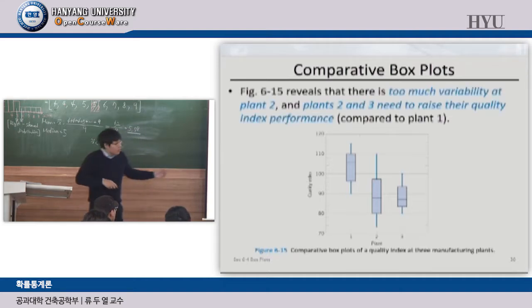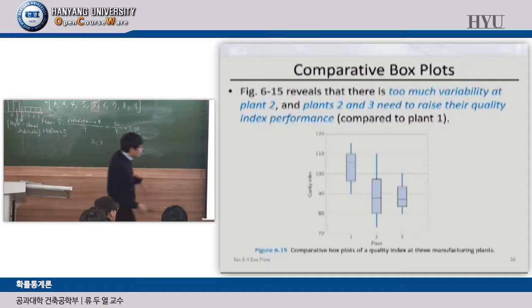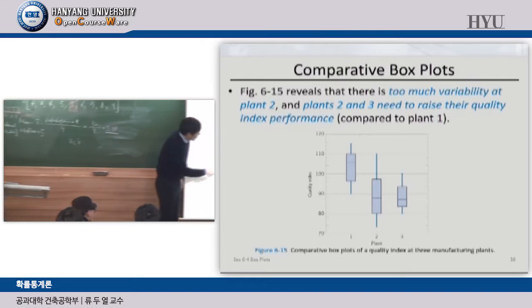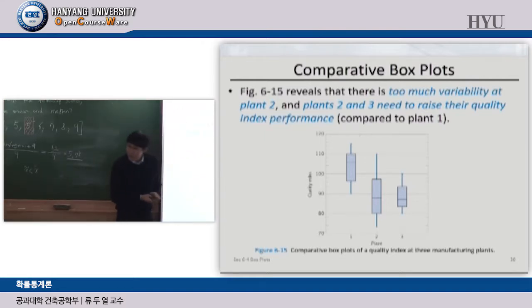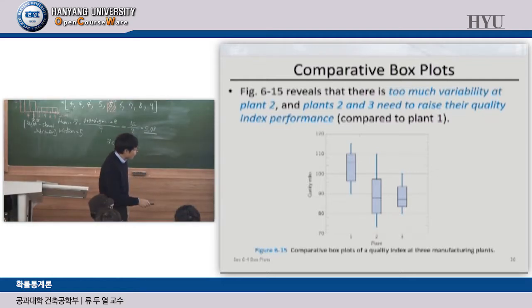From figure 6-15, we see there is too much variability at manufacturing plant 2 as compared to manufacturing plants 1 and 3. Why? Because the distance between the maximum and smallest value is highest in this case, right? So we can say the scatter of the data points obtained from manufacturing plant 2 is largest.